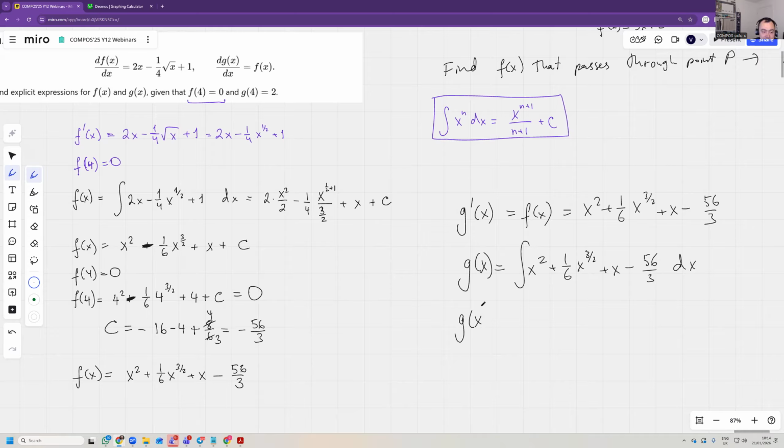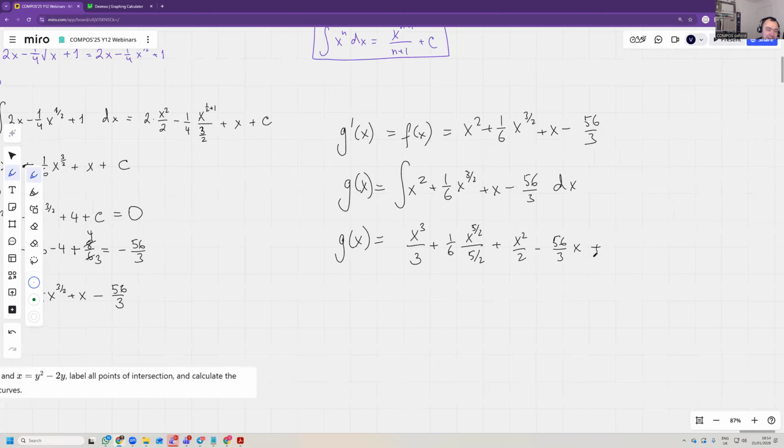So g of x is equal to x to the power 3 over 3 plus 1/6 x to the power 5 over 2 over 5 over 2 plus x squared over 2 minus 56 thirds x plus, well, we've used c already.